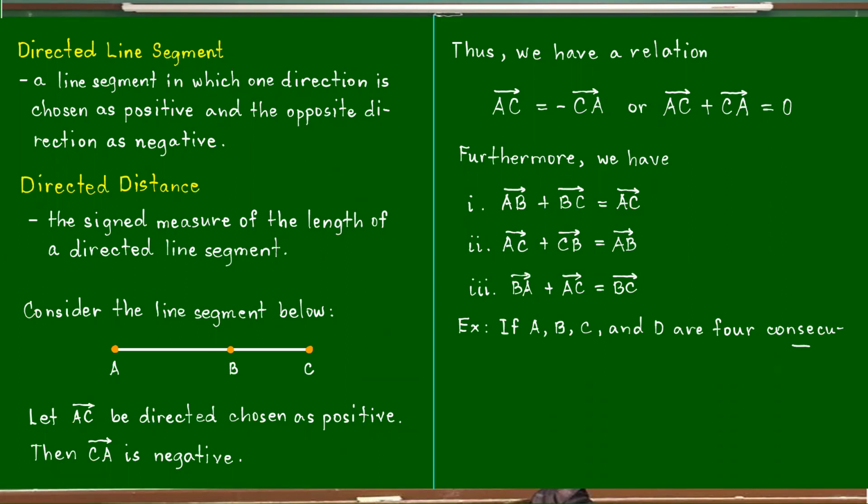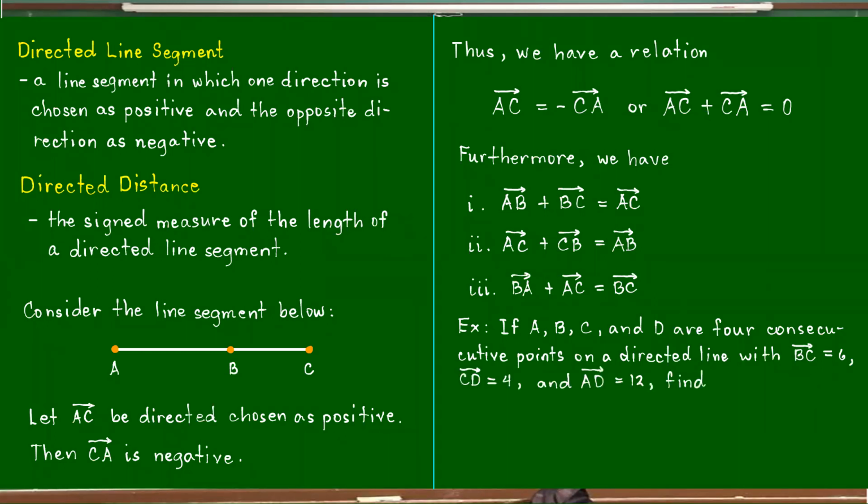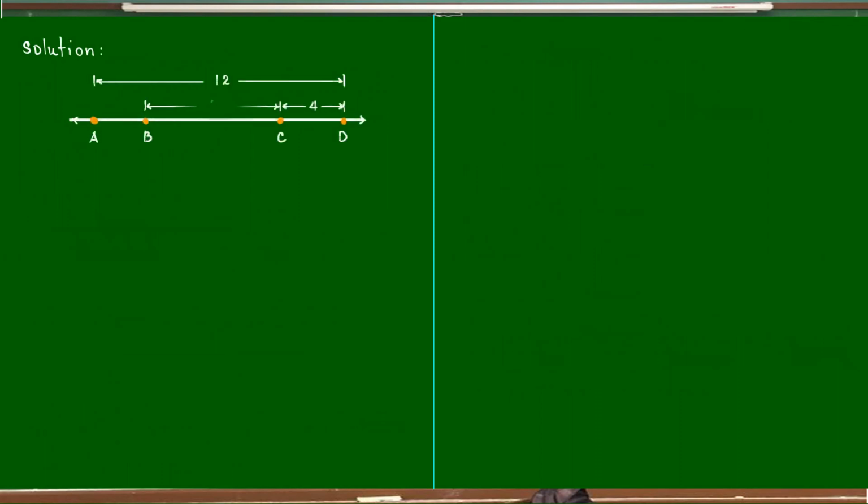If A, B, C and D are 4 consecutive points on a directed line with directed segment BC equals 6, directed segment CD 4 units, directed segment AD 12, find the following expressions involving directed segments. So let's draw the figure.